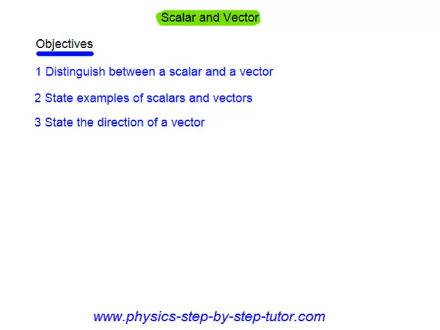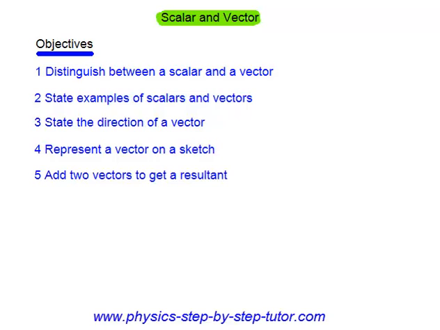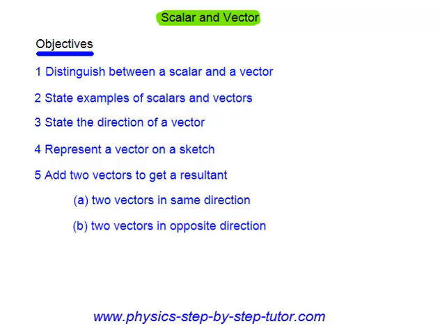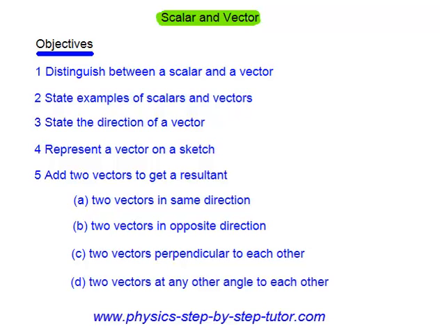We have seen how we can state the direction of a vector, as well as how to represent a vector on a sketch. We have gone ahead and added 2 forces in order to get a resultant vector. And we started with 2 vectors in the same direction, followed by 2 vectors in opposite direction, 2 vectors perpendicular to each other, and finally 2 vectors which were acting at any other angle to each other.